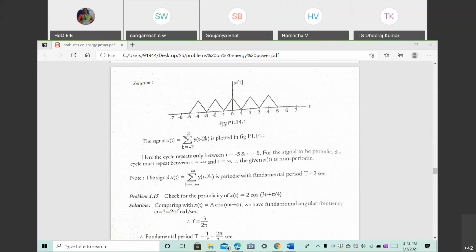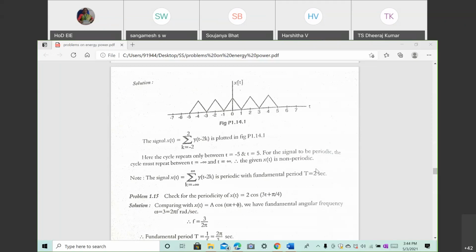Here the cycle repeats only between minus 5 and plus 5. For the signal to be periodic, the cycle must repeat between t equal to minus infinity and t equal to plus infinity. So the given x of t is non-periodic.